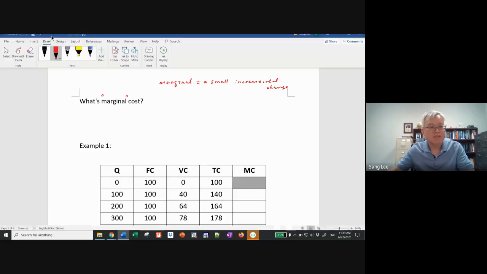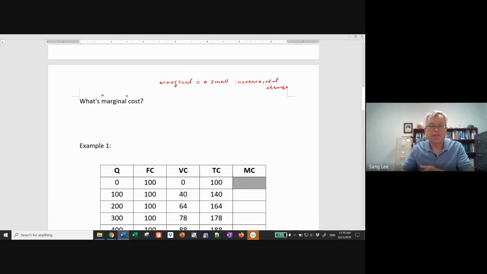Or more practically, you can interpret it like this: one more unit. So marginal cost means, when you produce more output, how much additional cost do you have to incur? Or how much additional cost occurs? That's the marginal cost.